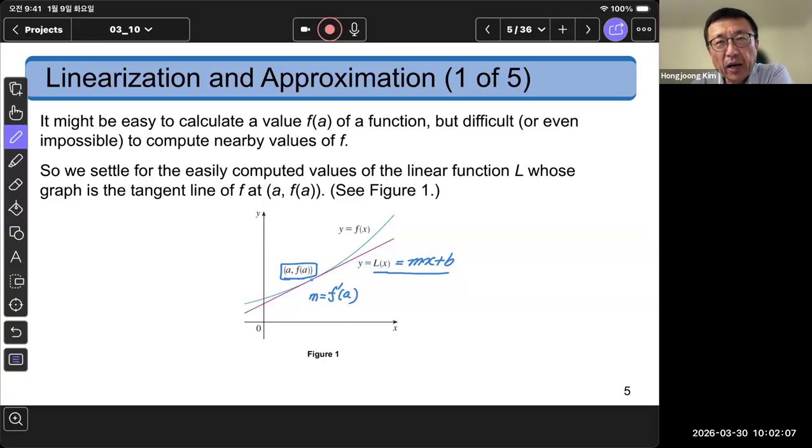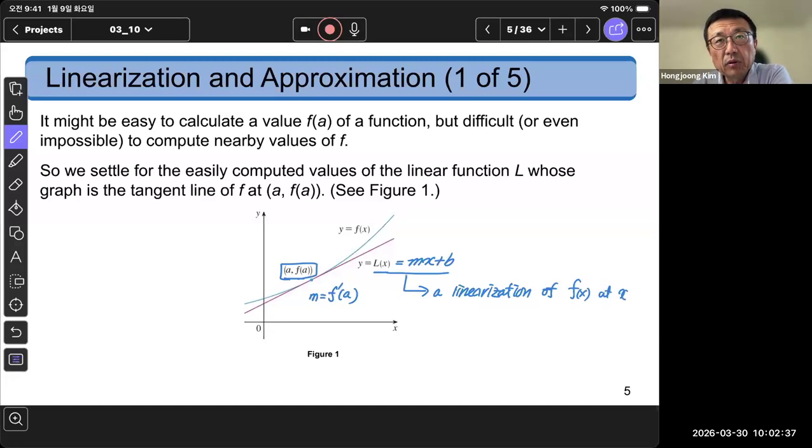Now, this L(x) function is called a linearization of the given function f at a.